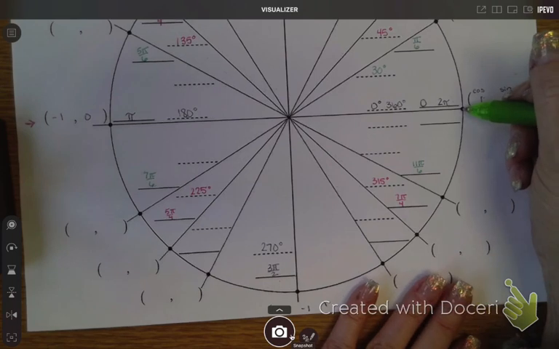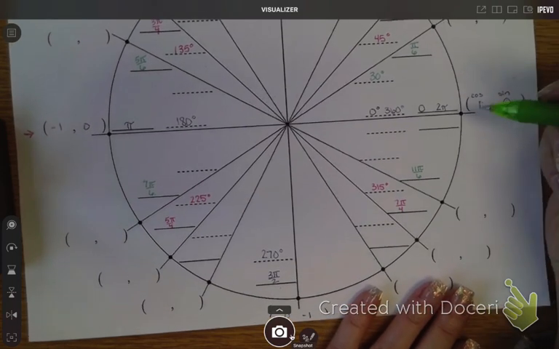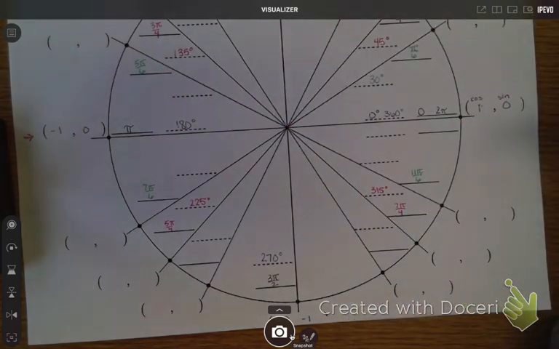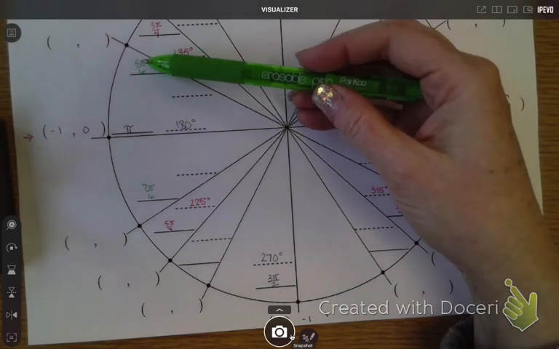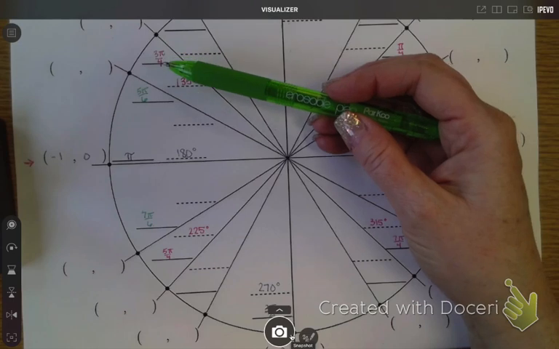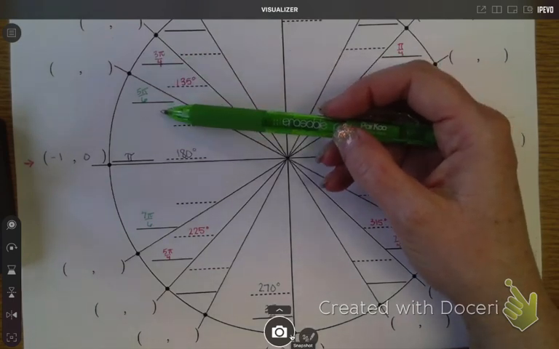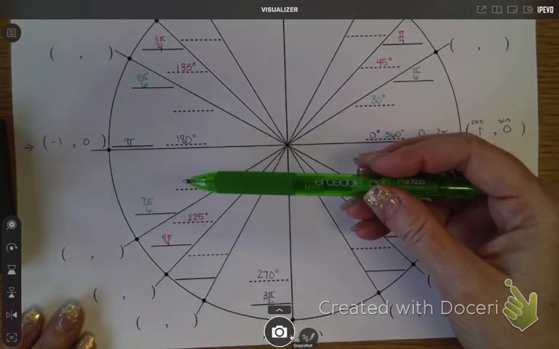2 pi. Now, how a fraction works is the denominator tells you how many pieces you're cutting this up into, yes? So in the second quadrant, do you notice that both of these are 1 less than a whole pi in relation to their denominator? Yeah. Okay, in the third quadrant, how would you say it?